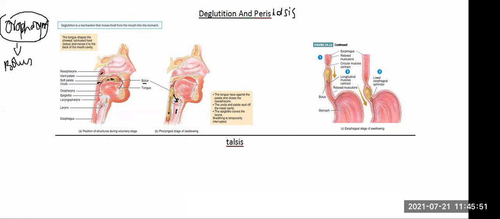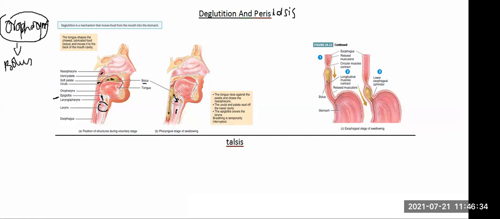Now, talking about food moving into the respiratory tract, because you have this opening here, through which food can enter your respiratory tract. What happens is that with the same impulses coming from the brain, the epiglottis, which is a cartilage, will cover this opening, this windpipe, this trachea.